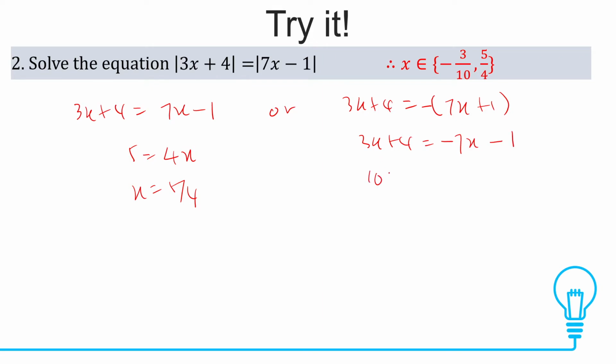So I shift here, 10x equals, okay, this one is a negative, so this one is a plus. Over here, I shift here is negative 3. So my x equals negative 3 over 10, or you can write it as negative 0.3, which is also fine. And since both sides have an absolute value, we do not need to do the checking.